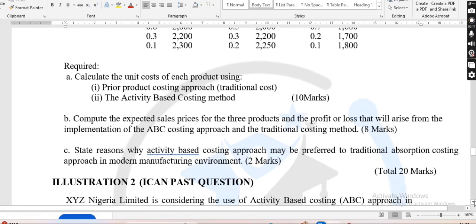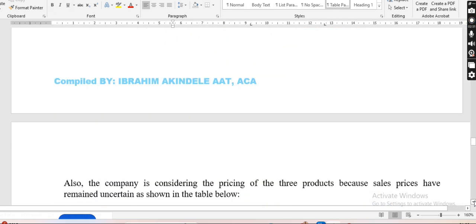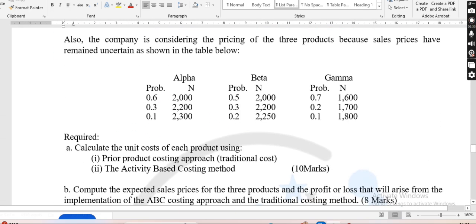C, state the reason why activity-based costing approach may be preferred to traditional absorption costing approach in modern manufacturing environment. Now, class, once they mention unit cost, and they did not specify that we should determine just the overhead for the traditional approach, you just do the full cost.